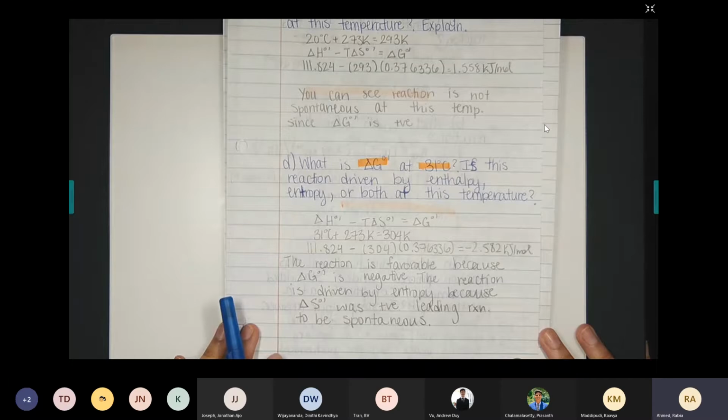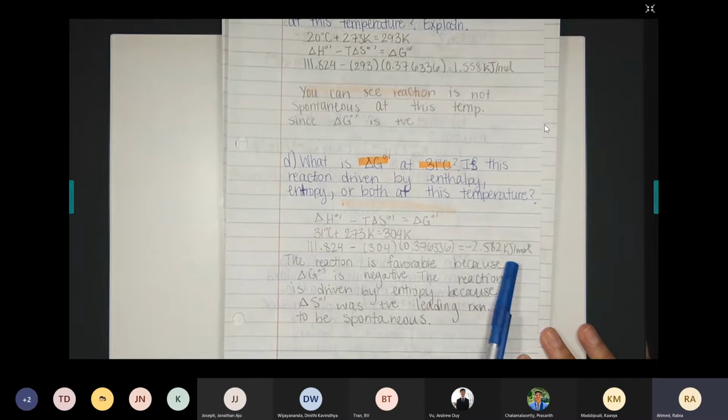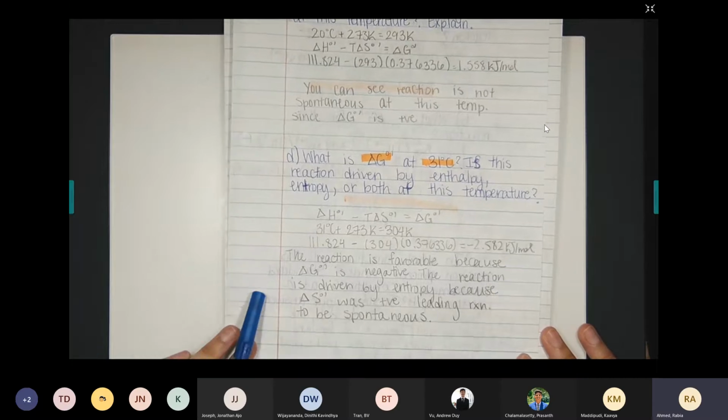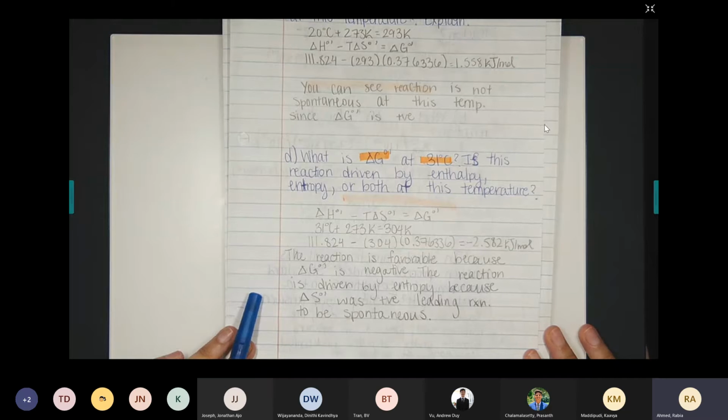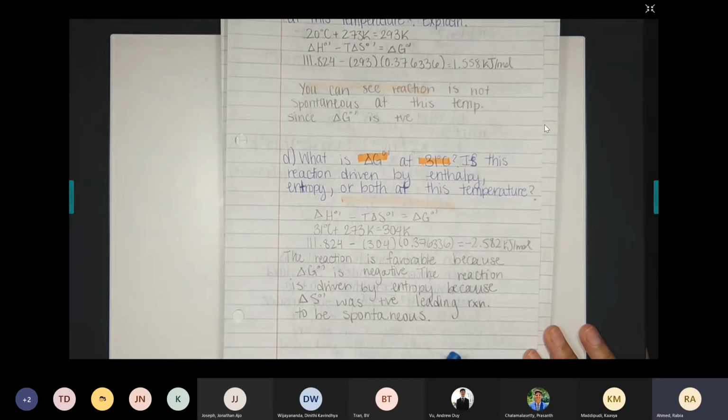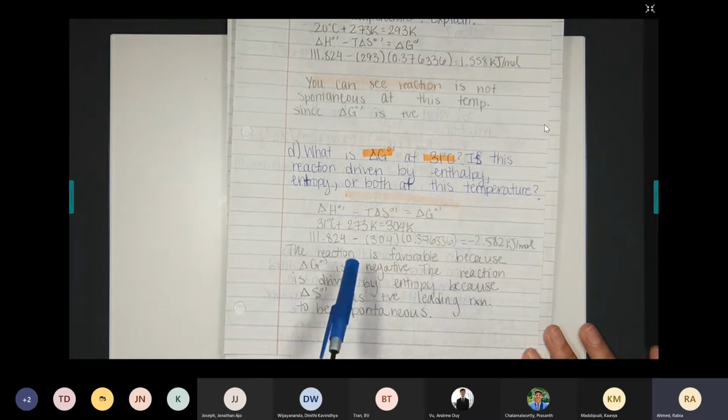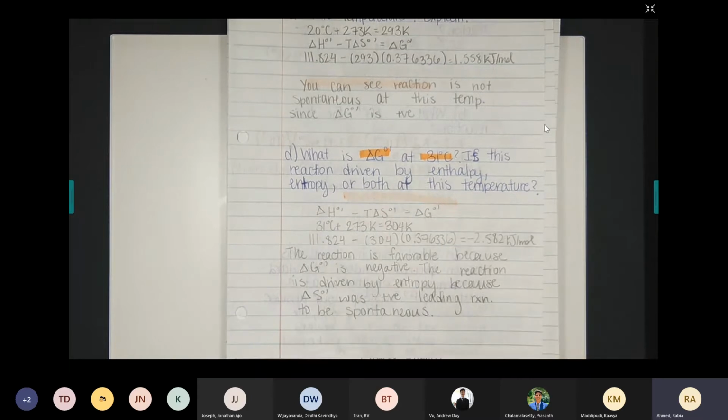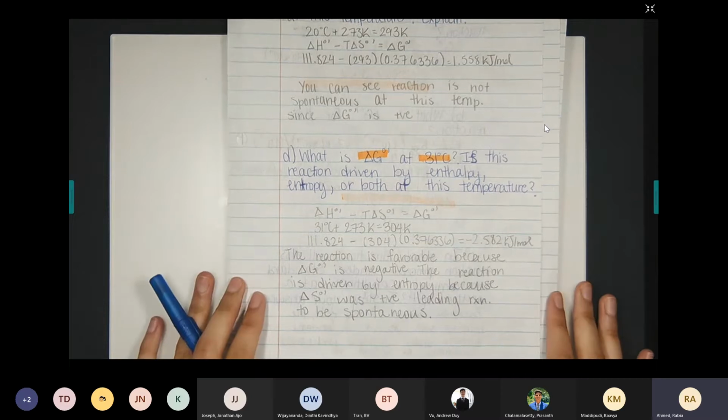So this reaction is favorable because the change of G here is negative, and the reaction is driven by entropy because change of S was positive, leading the reaction to be spontaneous. So whenever change of S is positive, change of G will be negative. When change of S is positive, there's going to be more disorder. So that's going to lead to more spontaneity. Does that make sense?